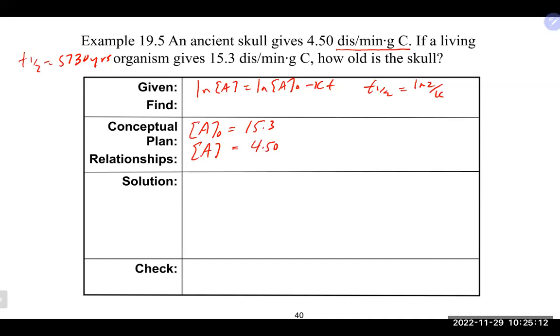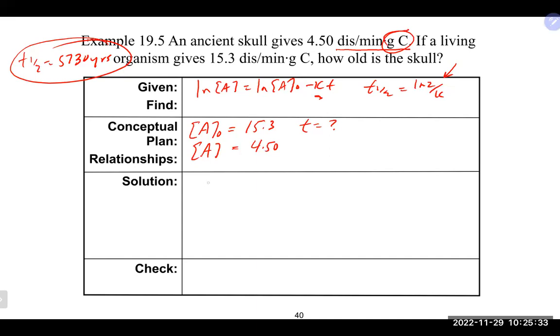We want to know, in this case, time. So once again, we are still missing the decay constant. So much like we did before, we are going to use our half-life equation. And again, that's where the grams of carbon come into play, that we know that we should use carbon 14. There's the half-life.